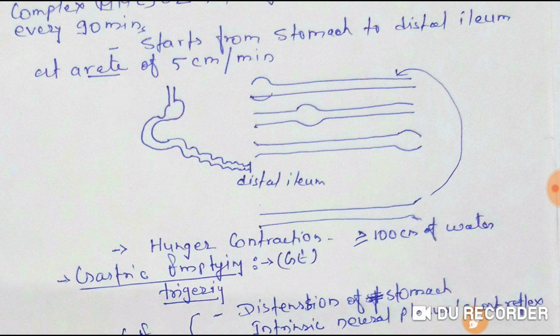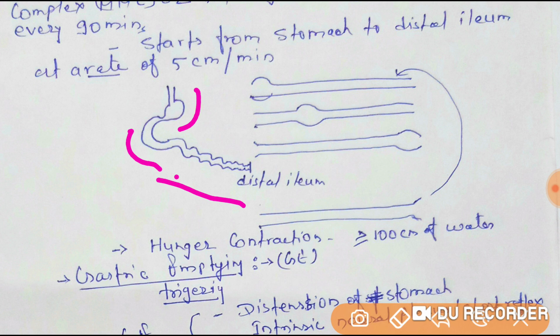I have shown you the diagrammatic representation of the interdigestive phase. If you look at this, it starts with the stomach, then the small intestine, that means duodenum, jejunum, and ileum. And if we straighten the GI tract, then the movement starts here and gets propelled, like a wave pattern, so that you can easily understand.